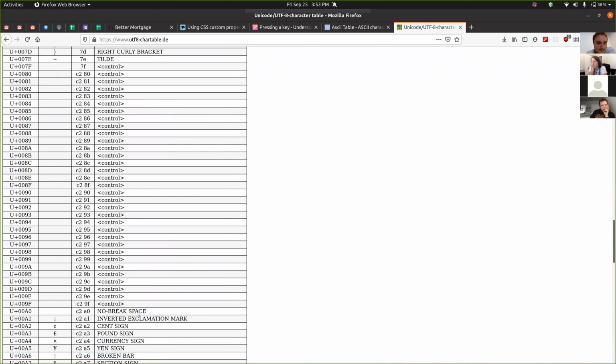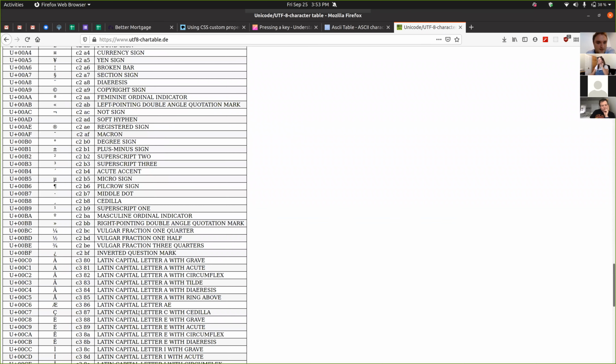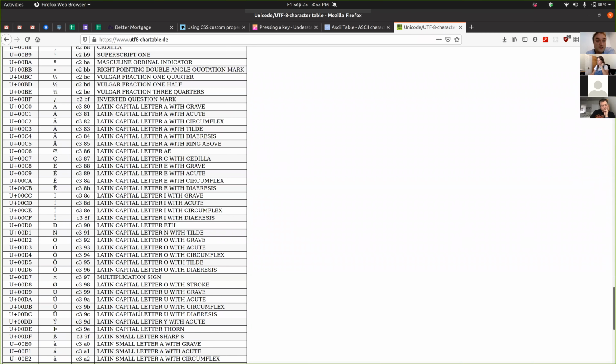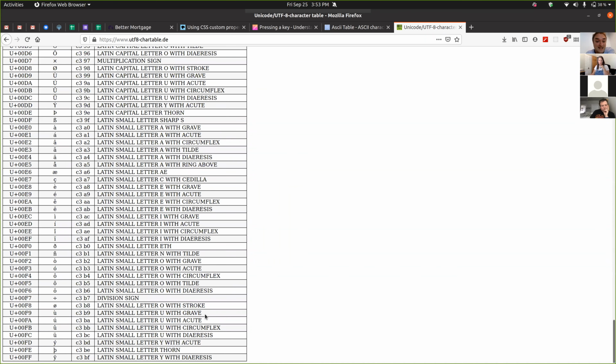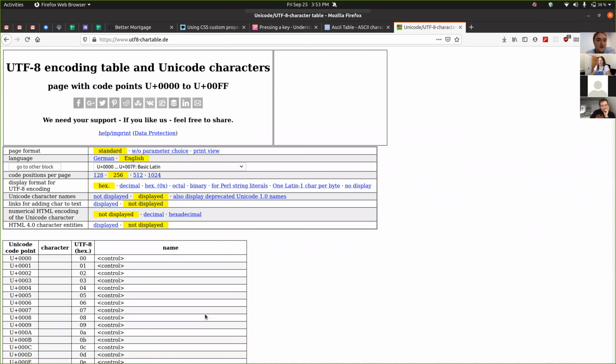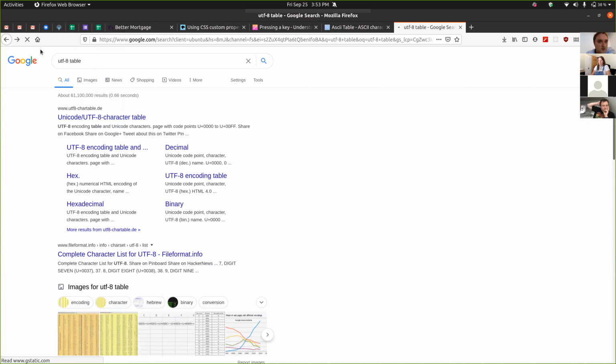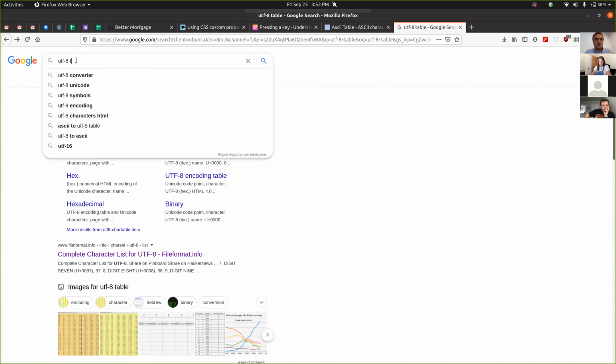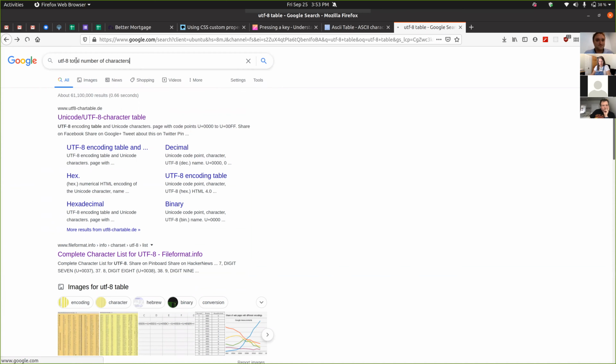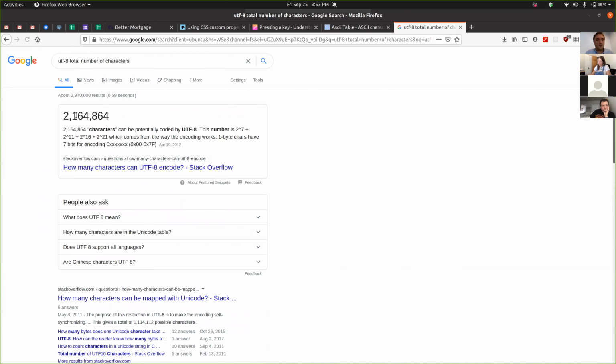Then we got these characters and a couple others. All right, cool. Except we also have lots more. Total number of characters. That's a lot of characters that you can represent with Unicode.